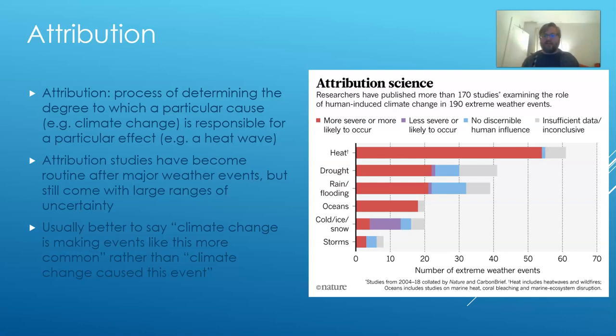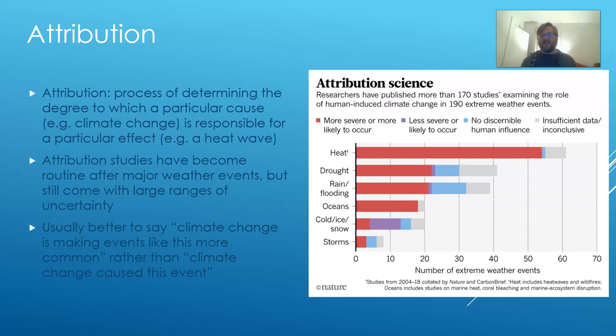And the chart there shows numbers compiled from a whole bunch of these attribution studies, so studies covering 190 different extreme weather events, and you can see for each type of weather event how many of them were attributed to climate change. So that is the conclusion of the study, was that this event was more severe than it otherwise would have been, or more likely to occur than it otherwise would have been because of climate change.